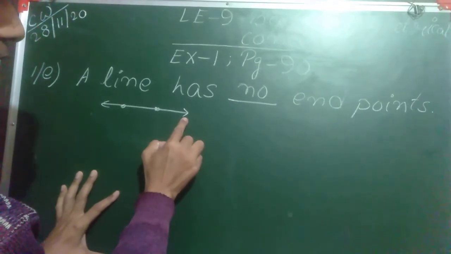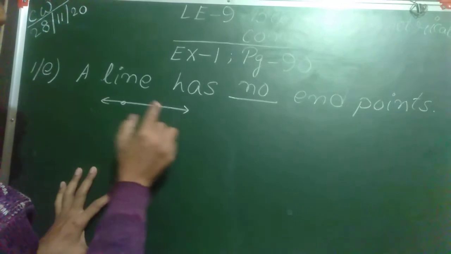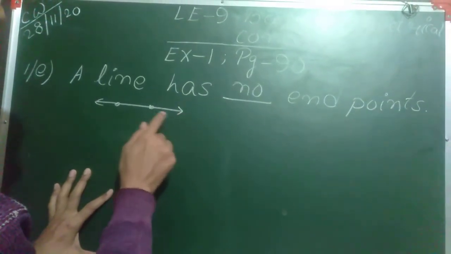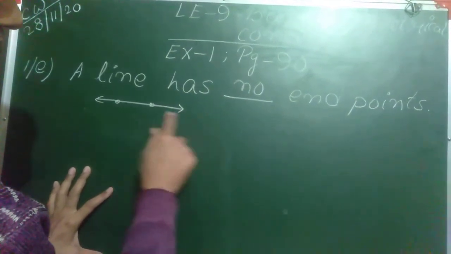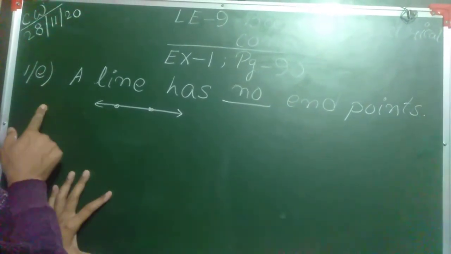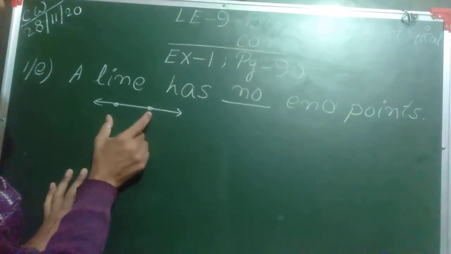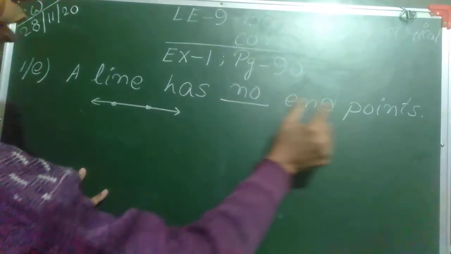I have given one arrow in this side, I have given another arrow in this side. This means in this side this line is increasing endlessly, in this side also line is increasing endlessly, hence a line has no end point.